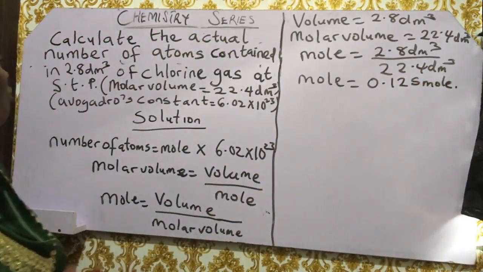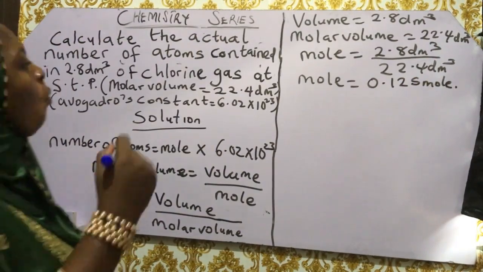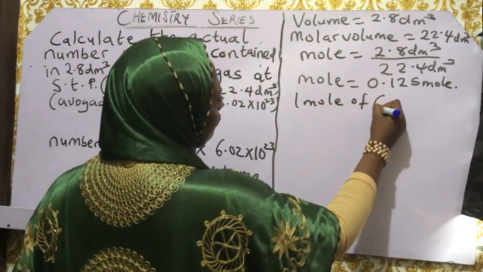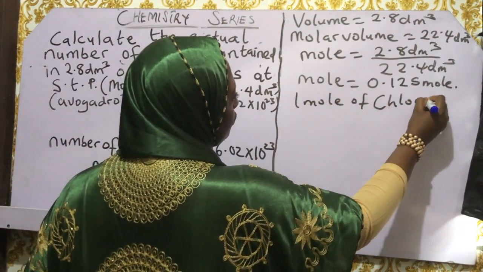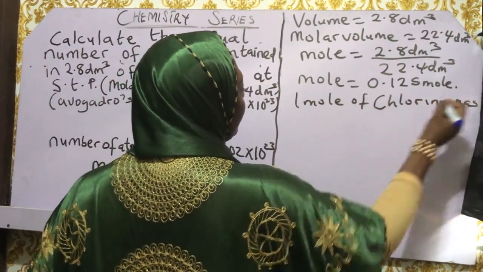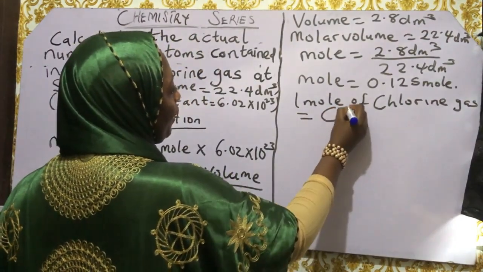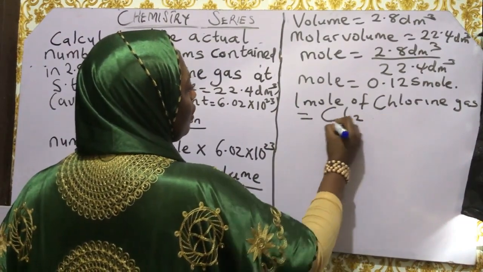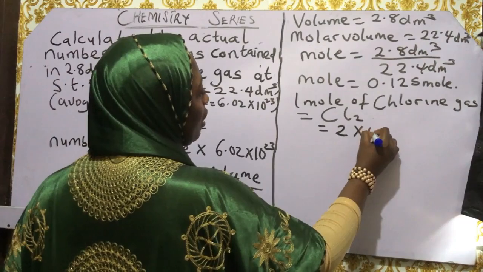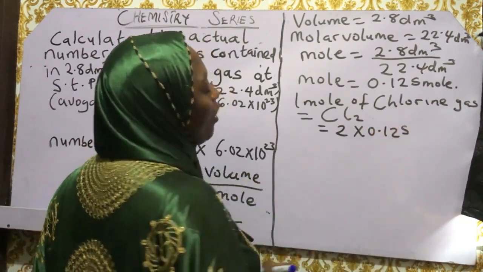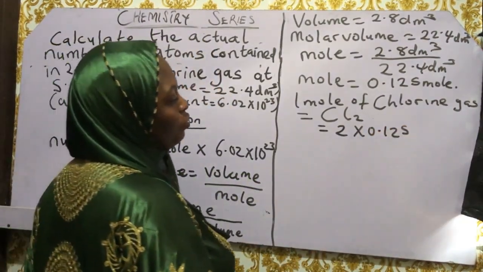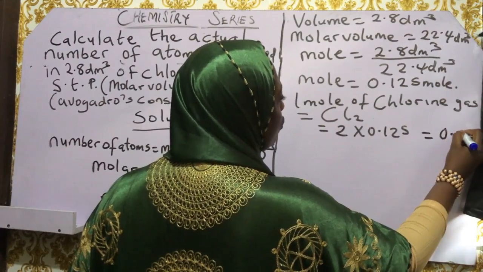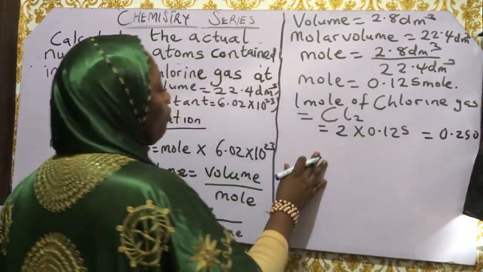But here we are talking about chlorine gas. 1 mole of chlorine gas contains 2 atoms of chlorine, which means for this we are going to say it is equal to 2 times 0.125. So when you multiply 2 times 0.125, you have 0.250.